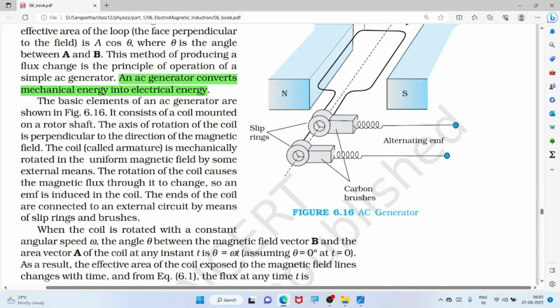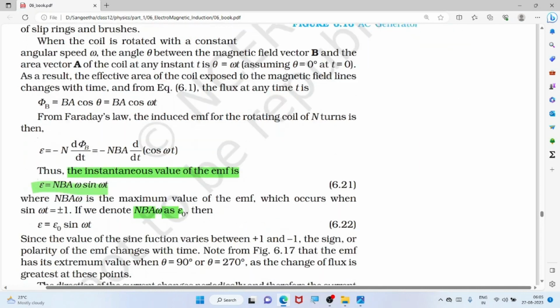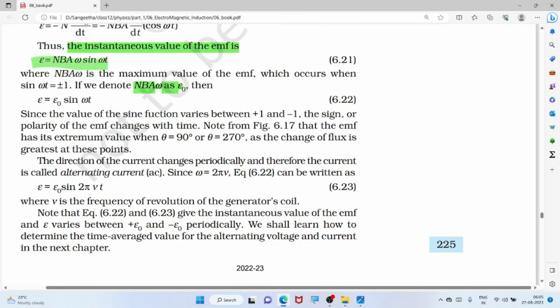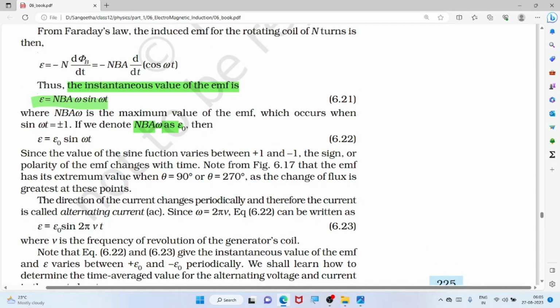The AC generator converts mechanical energy into electrical energy. This is the instantaneous value of the EMF in the AC generator, NBA sin omega t, and this term is called E naught sin omega t.